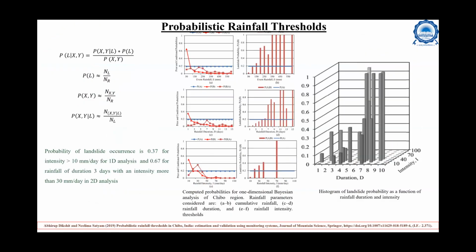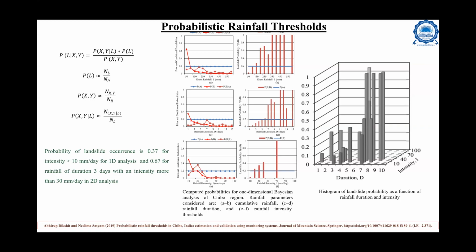And then in the second model, what we have done is probabilistic. We applied both one-dimensional and two-dimensional Bayesian approaches for conditional probability evaluation. So probabilistic rainfall thresholds for different parameters like rainfall event duration and antecedent rainfall have been evaluated, and we found that the probability of landslide occurrence is around 0.37 if the intensity is more than 10 mm per day, from the one-dimensional Bayes analysis.